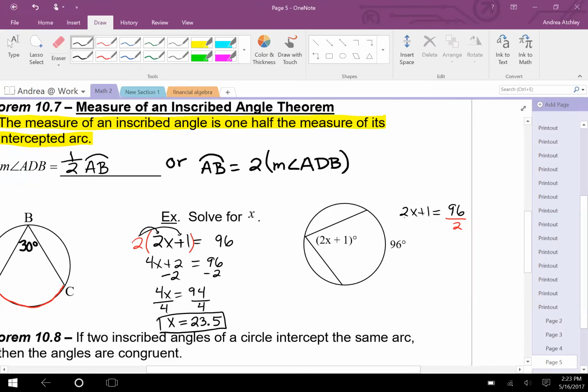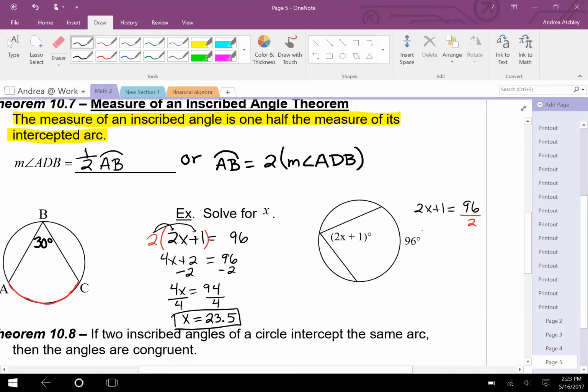Okay, now I'm going to solve the other one just to show that it also is equivalent to that same equation. So this is going to be 2x plus 1 equals half of 96, is 48. We're going to subtract 1.